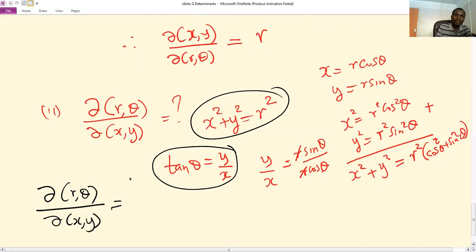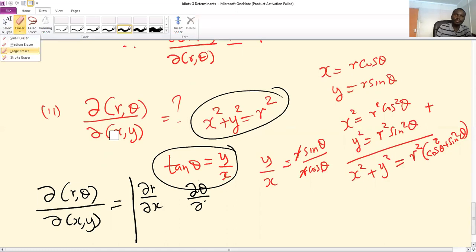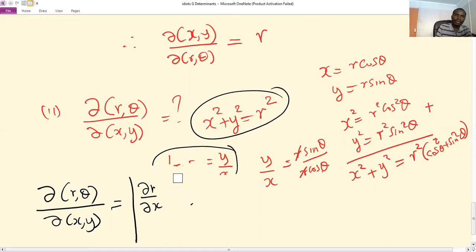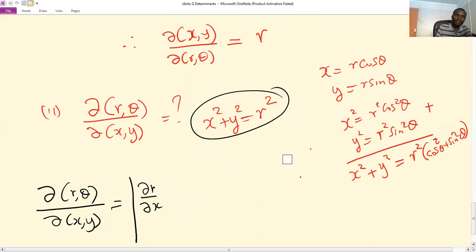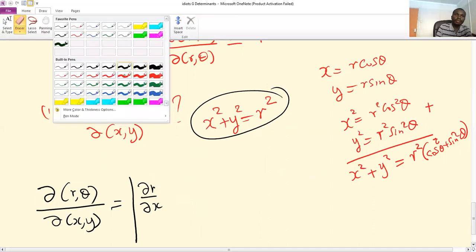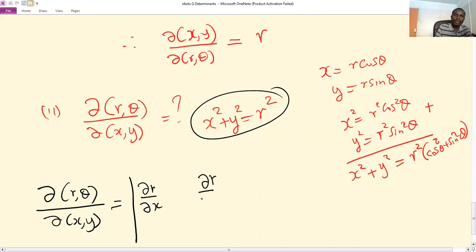By definition, this will be the determinant: partial r partial x, partial r partial y, partial theta partial x, partial theta partial y.